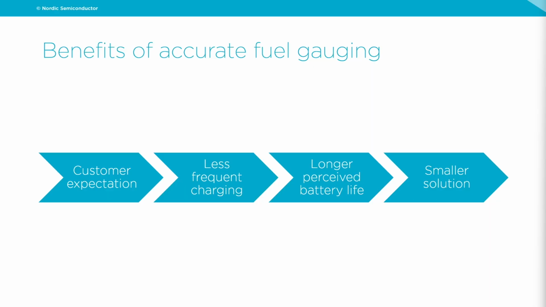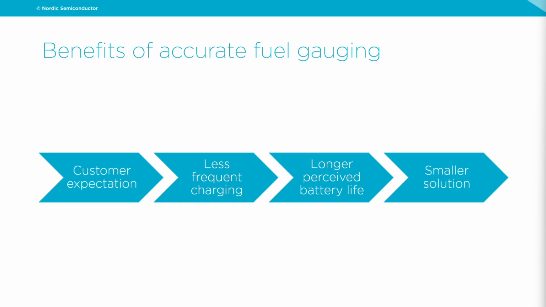So what benefits does this provide to the end user of an application? Well, first of all, it's a customer expectation, really. Everyone who uses low power embedded devices expects to know with some amount of certainty that their device is not about to die at any moment's notice.